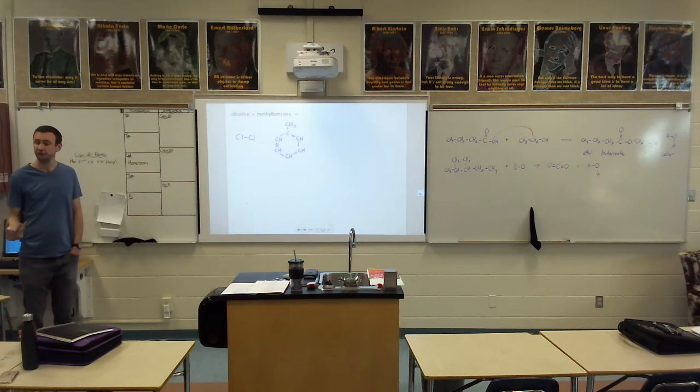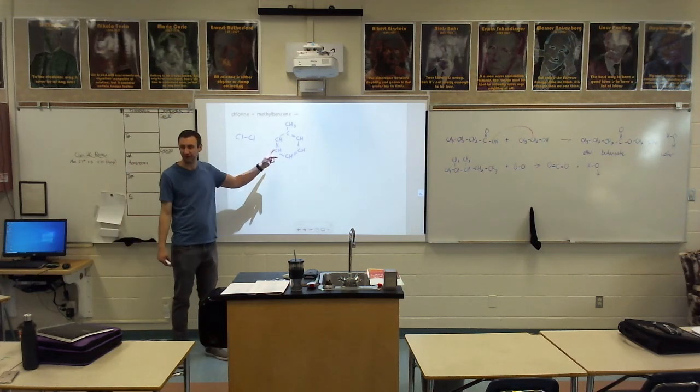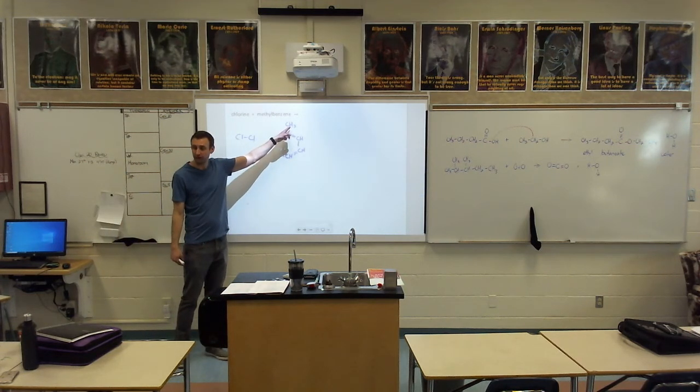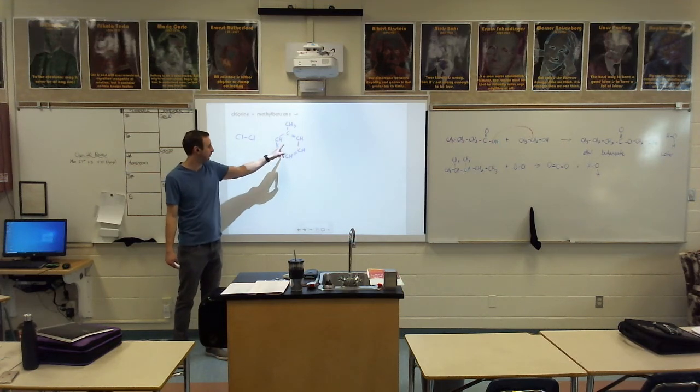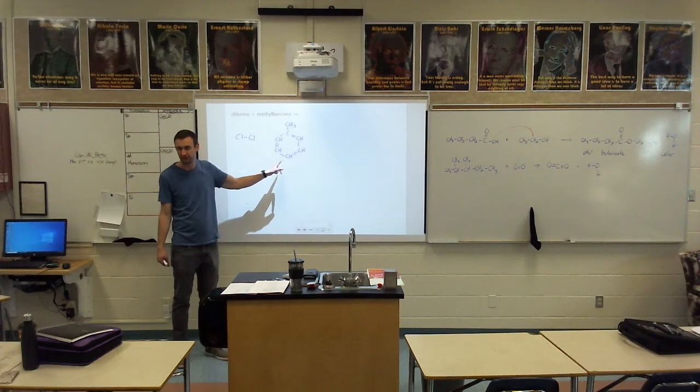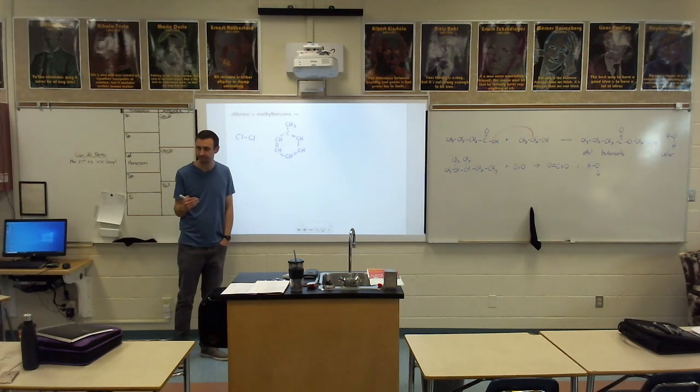This is a substitution, and the chlorine can replace any one of these hydrogens. This one, which is the same as this one, which is the same as this one, and this one. So I actually end up with 4 different isomers I can make.